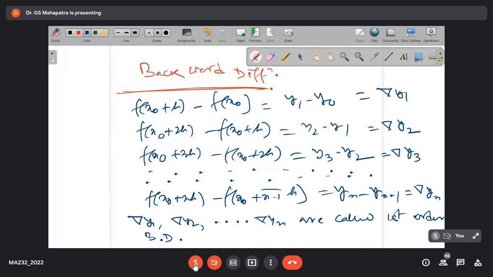Fine, and the notation is already there. I have already discussed this notation, the notation is this one.